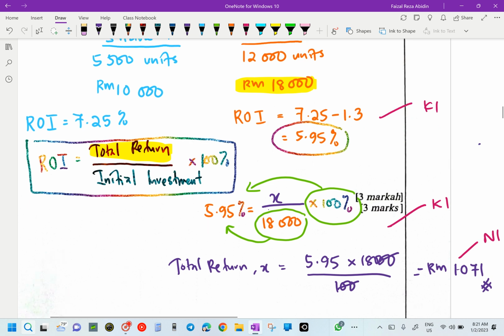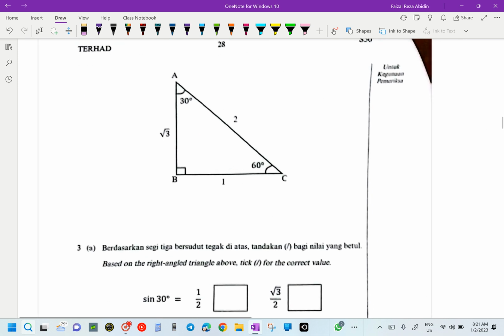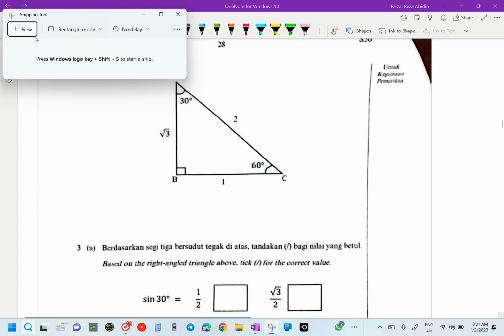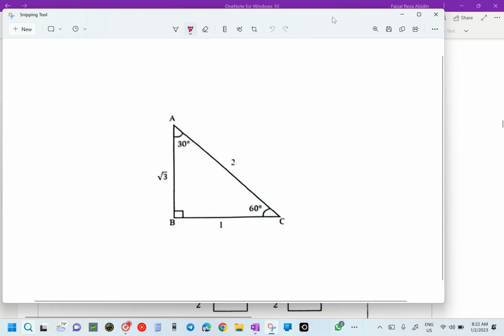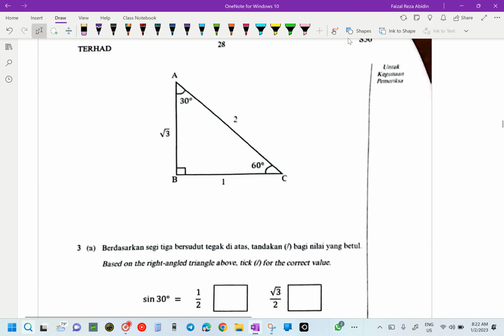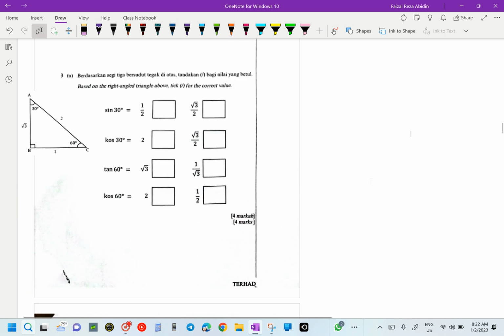Okay. We are going to proceed to our next question, number 3A. Before I answer this one, I'm going to take the picture here first, because I want to put one here and the second one beside here.